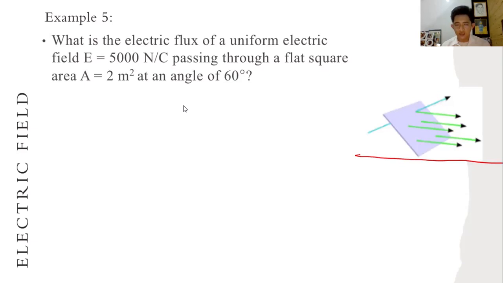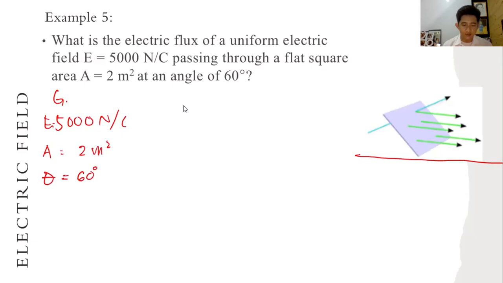Since it's already at 60 degrees, there will be fewer electric field lines that can pass through this area. So we have a given E of 5,000 newtons per coulomb and an A of 2 square meters, and an angle theta of 60 degrees.